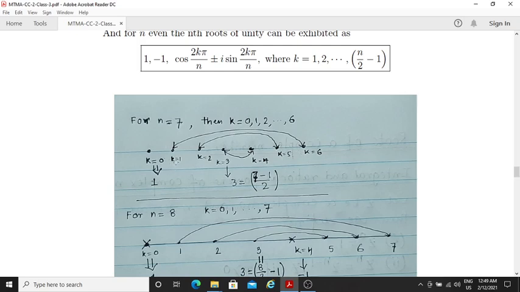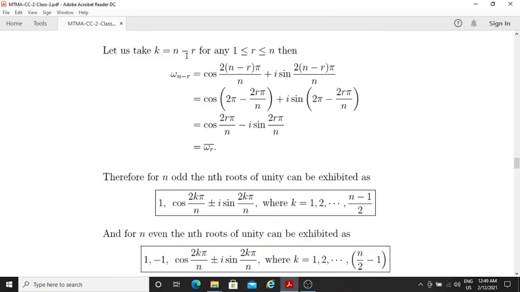If you take k to be 1, that means we are considering omega 1. That is the conjugate of omega 6. Why? If you take k to be 1, that means n minus r is 1. That means r is n minus 1. If k is 1, then r is n minus 1.